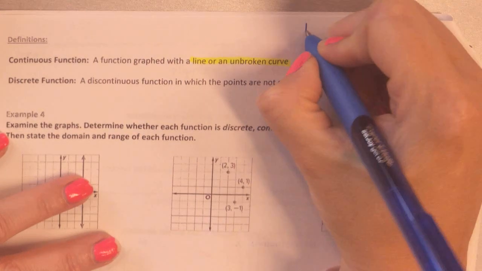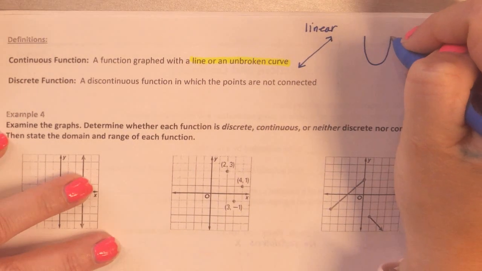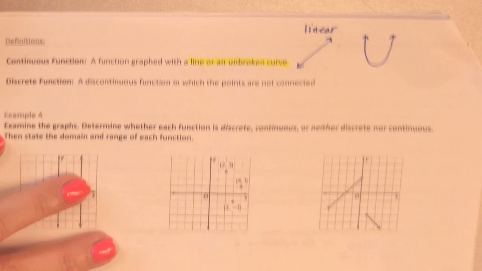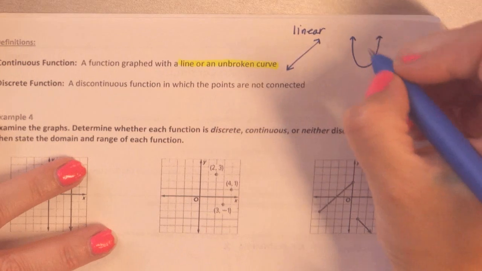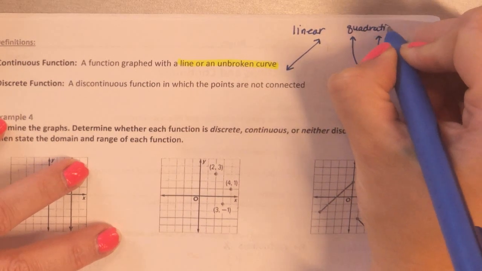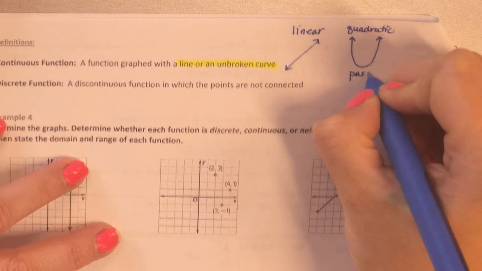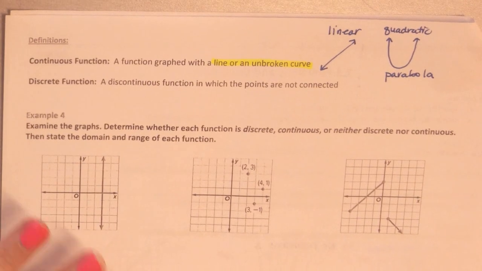Linear function, good. What about something like this? Quadratic, yep. And then do you guys know what the shape is? Yeah, good. All right, so those are two continuous functions, okay?